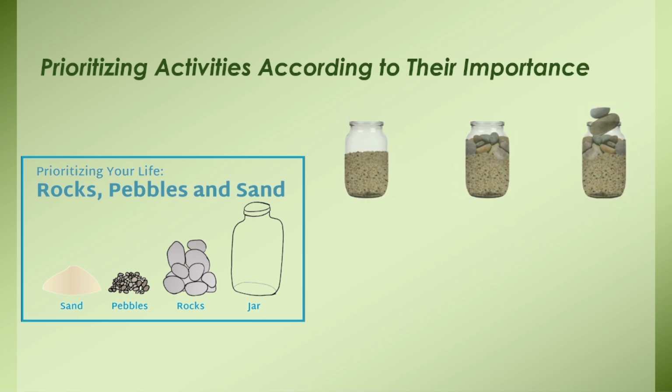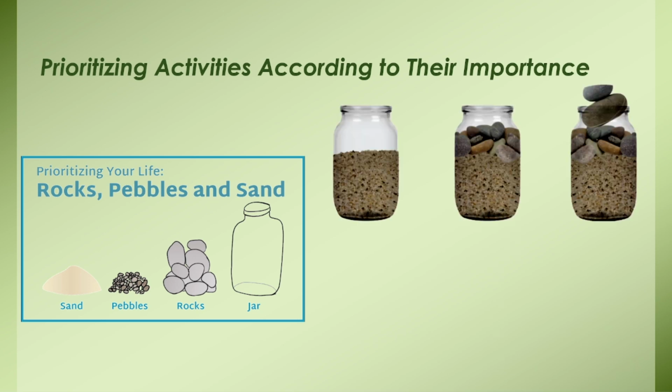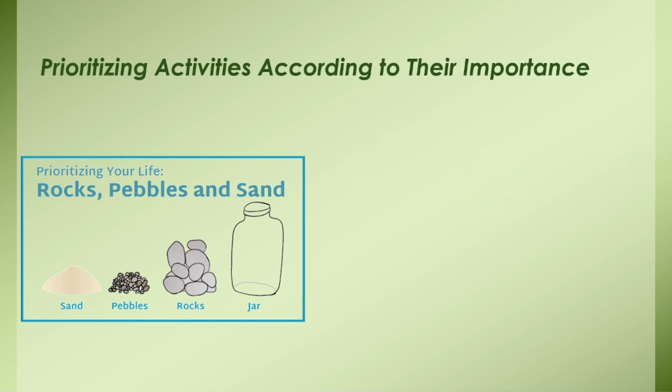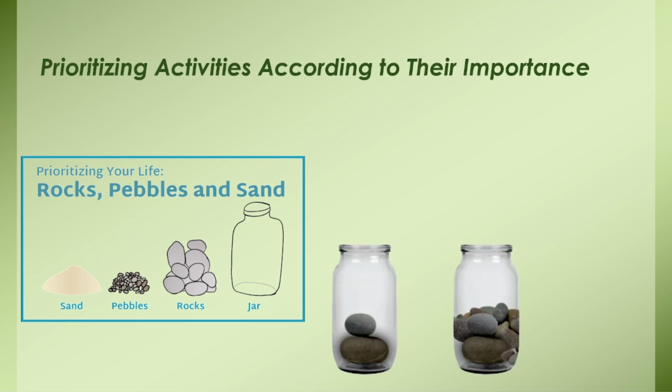So if you start with the sand, eventually you will not find time for the big or important tasks in your day, in your jar, which is your day. So you must do the reverse and add the rocks, the major tasks and activities, in the beginning.